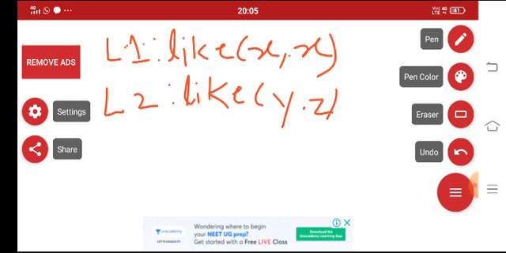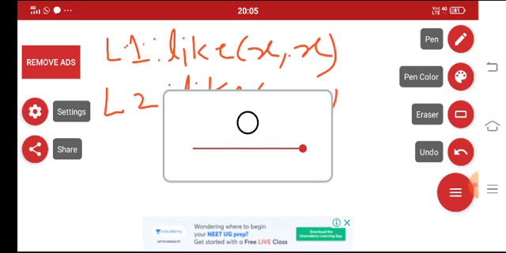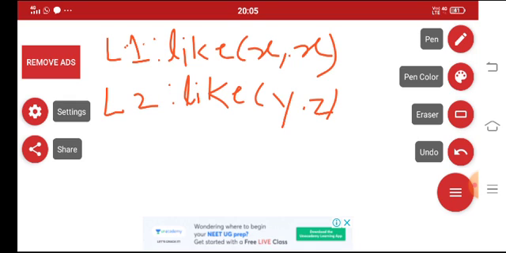But in the second example, we have x comma y comma z.